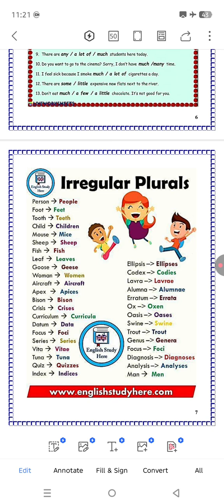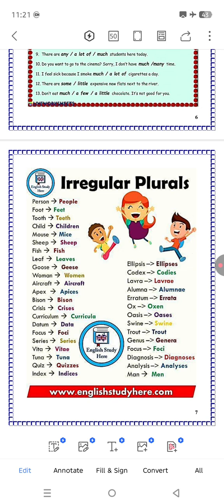We have the word curriculum, also changed by changing the last two letters, into curricula. We have datum, which is changed into data. And we have focus, and we have series also, which keeps the same form. So it depends on the context of the sentence whether it is plural or singular.